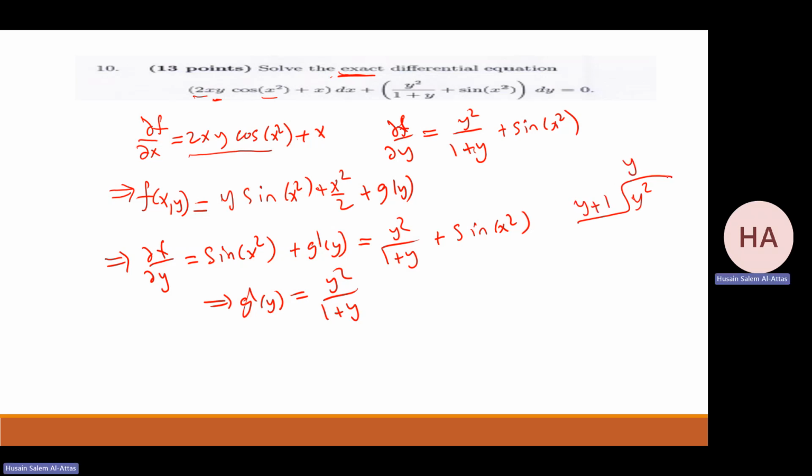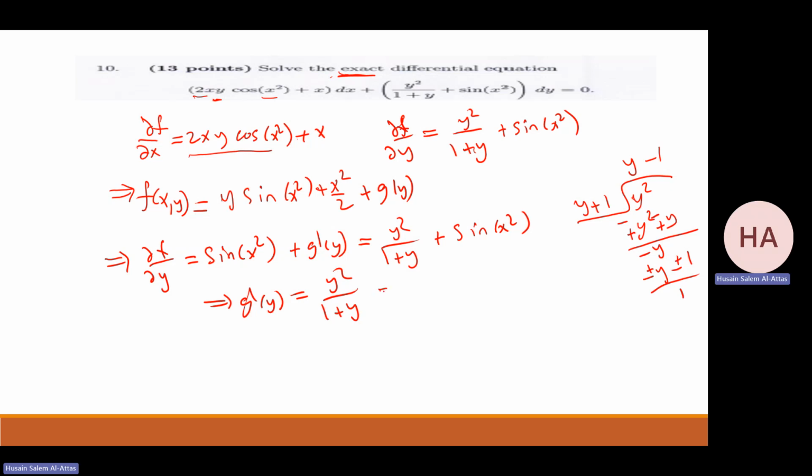That will be y. I have y squared plus y. Minus y, so you have minus 1. I have minus y minus 1. That will be plus, plus. So it will be 1.